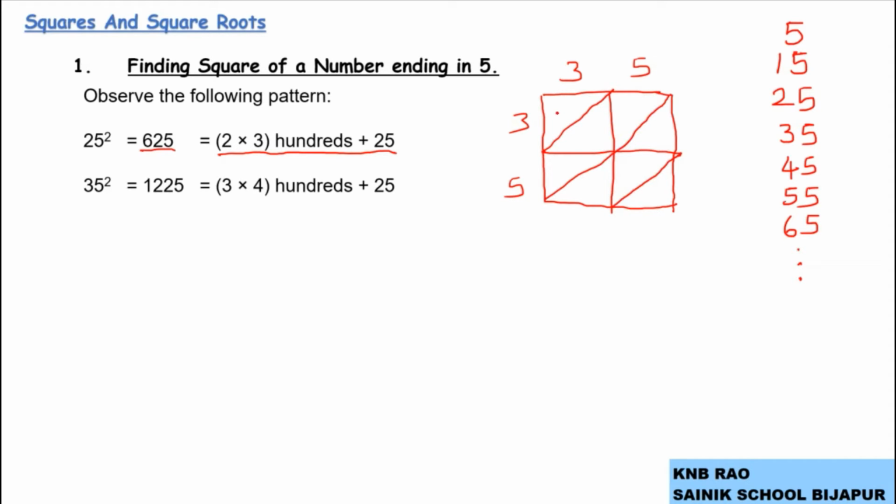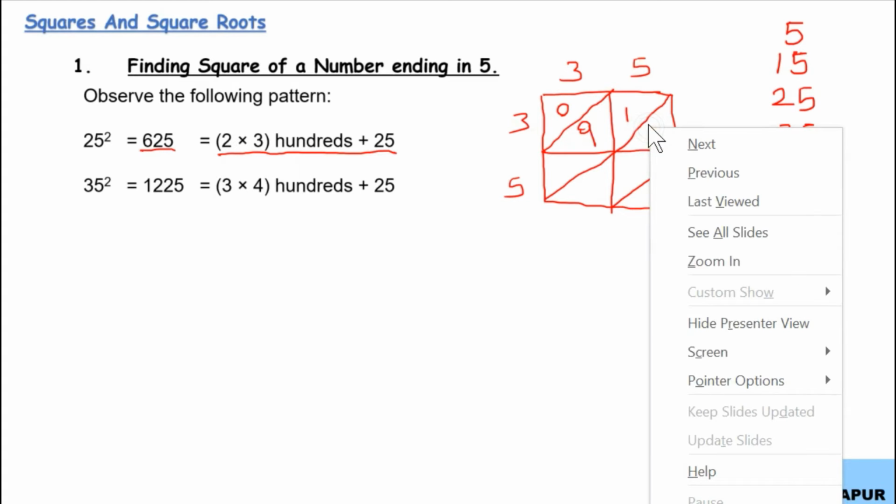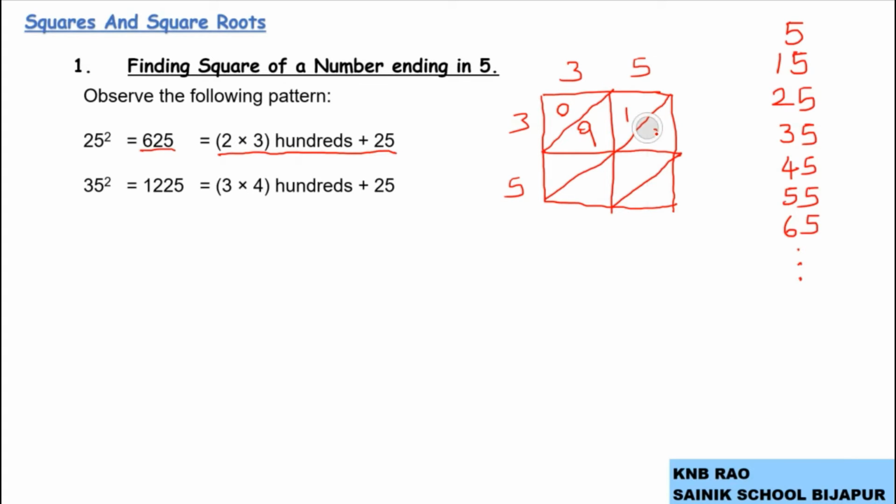Three threes are 09. 3 5s are 15. 3 5s are 15. 5 3s are 15. 5 5s are 25.